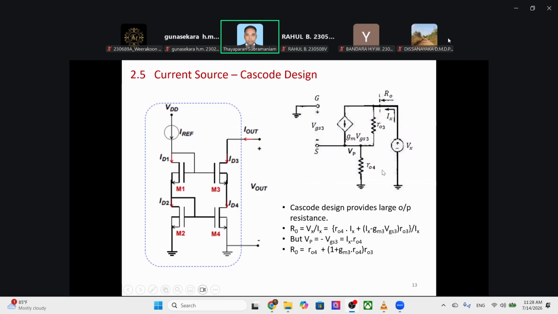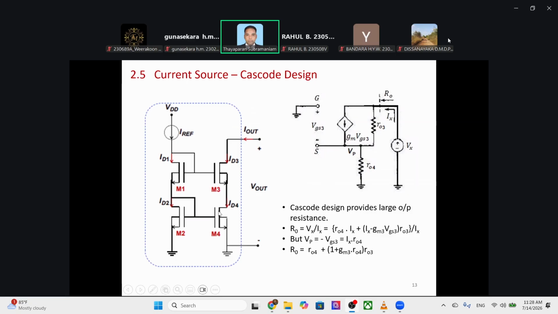Normally, if we want to measure the output resistance, we short the input and apply a small voltage Vx and measure the current. Voltage divided by the current gives R out. That's the case. So when we short VGS3, gm times VGS3 is here.